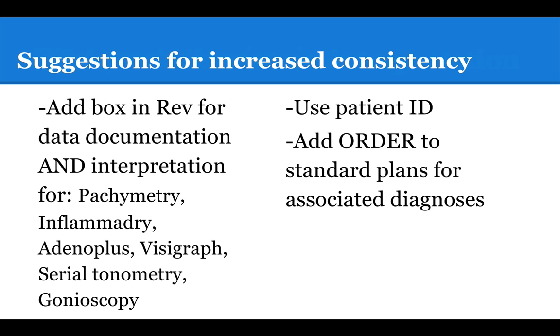And then finally, as we develop our standard plans for some of our diagnoses in Revolution, we could add a written order in their plan just to automatically populate for some of our diagnoses where we are repetitively ordering testing, such as our keratoconus patients with our spec mic and topography. So we can have that just incorporated into the plan for just increased consistency there.